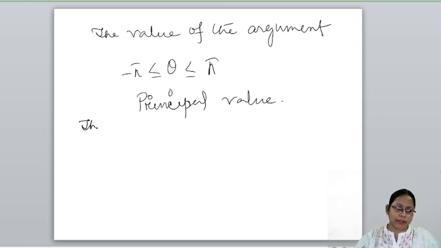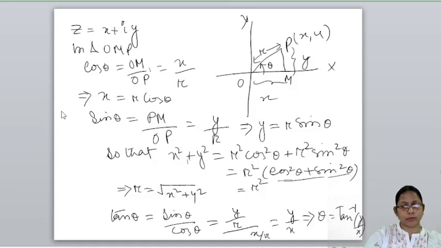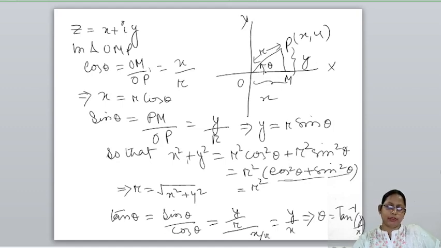The length of the argument interval is 2 pi. Here at this point theta is 0, goes up to here. At this point theta is pi by 2. Again, at this point theta is pi, then here it will be 3 pi by 2, then again here it is 2 pi. Sometimes 0 is equal to minus pi. Okay, so this is the range.